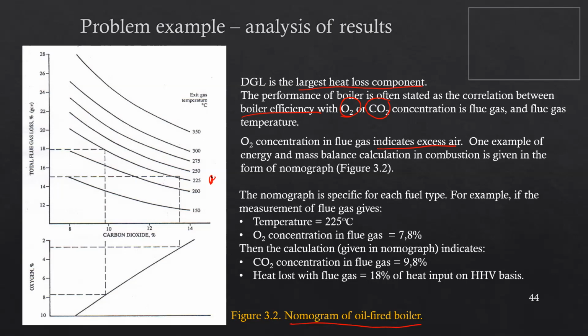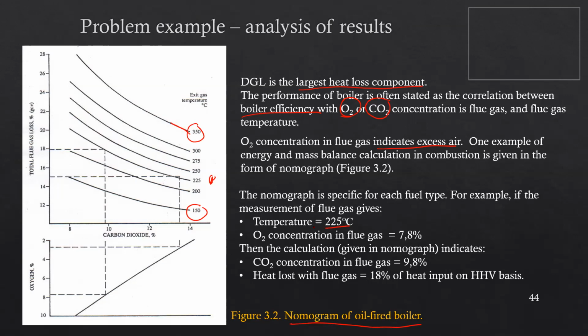We have a temperature of 225 degrees C, and this is a function of the temperature of the flue gases, these lines. We have several temperatures from 150 until 350 degrees C, because commonly the exit gas temperature from the flue gas is at maximum in this range.